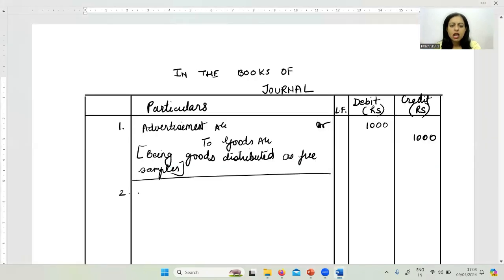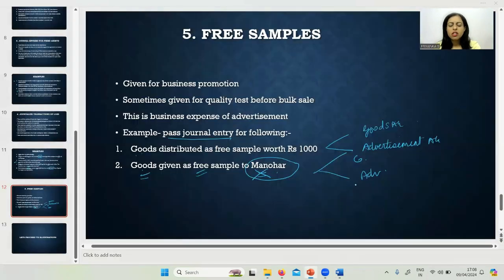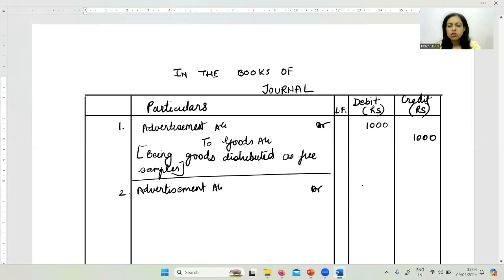So we will write here advertisement account debit, amount is whatever the amount, nothing is given. So I just assume it is 1000 again here to goods account. Same we can write here. We don't need to consider Manohar. We can write it in the narration being free samples given to Manohar.